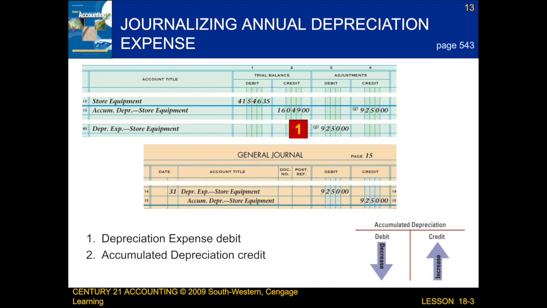Next, we credit accumulated depreciation. And finally, we record the adjusting entry in the general journal. And one last thing to note here is that accumulated depreciation is a contra asset account that has a normal credit balance. So it increases by a credit and decreases by a debit.